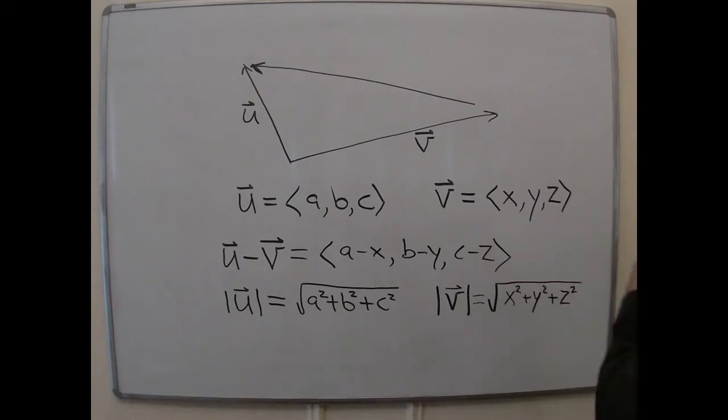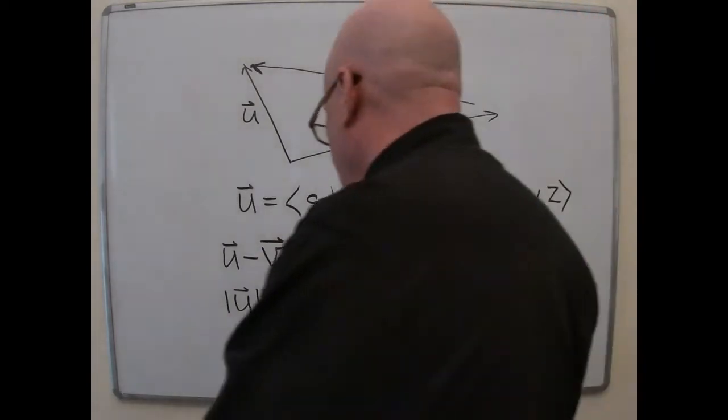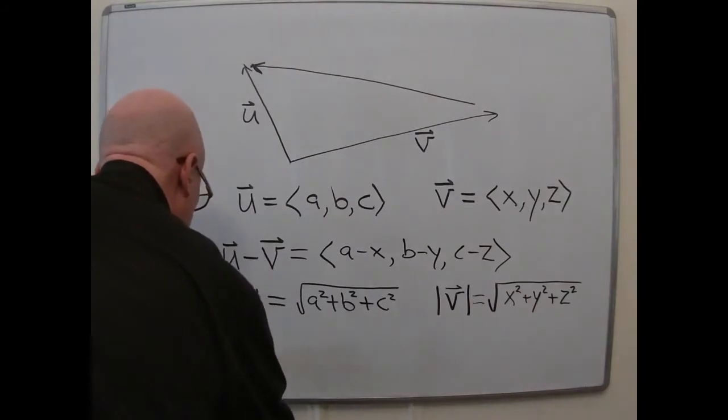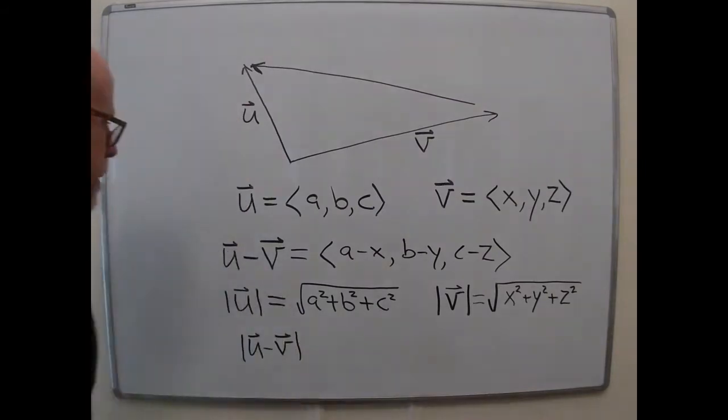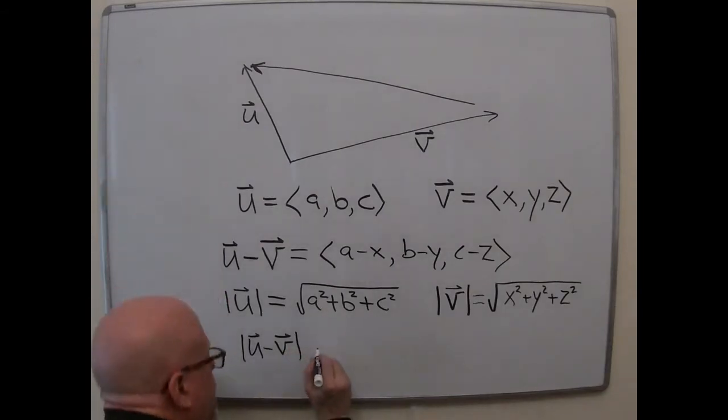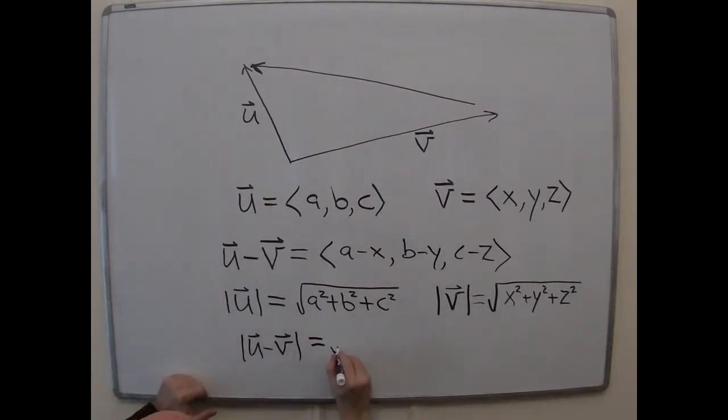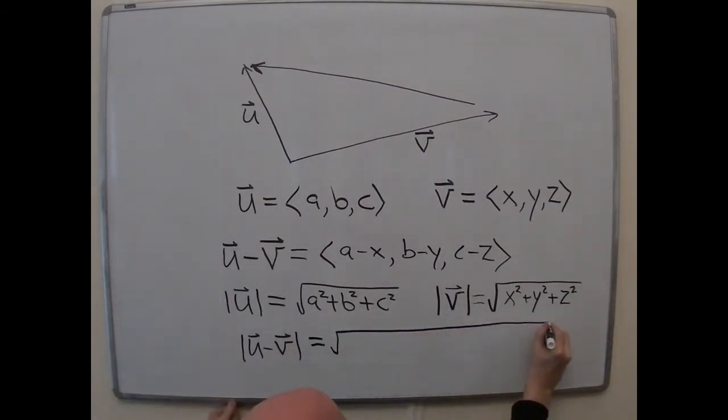And then lastly, the magnitude of u minus v, this is the hard one. That's the square root of the sum of the squares of its components. So what is that? It's going to be a big square root.